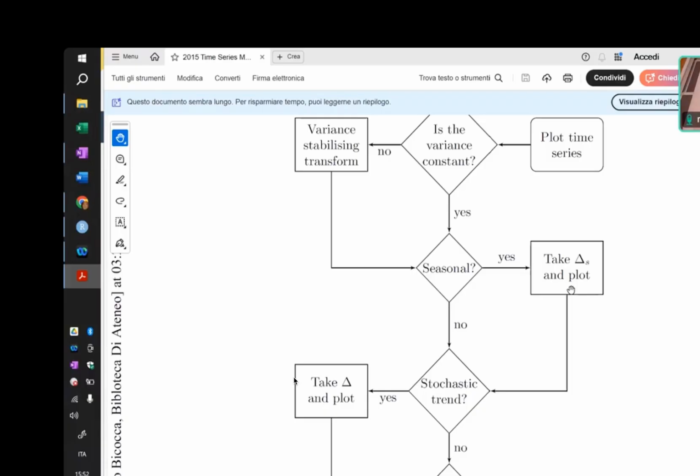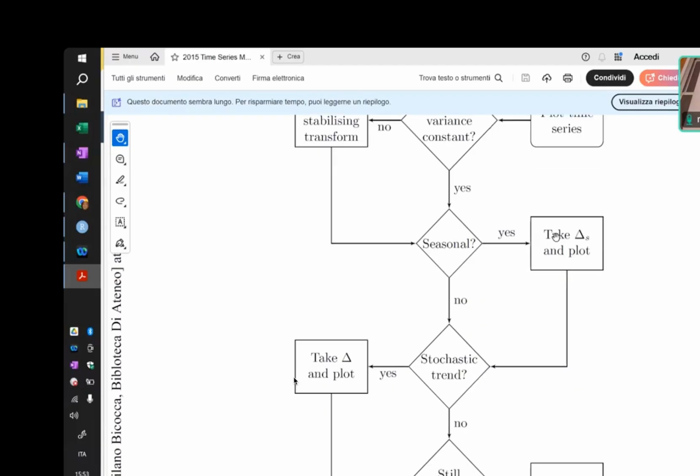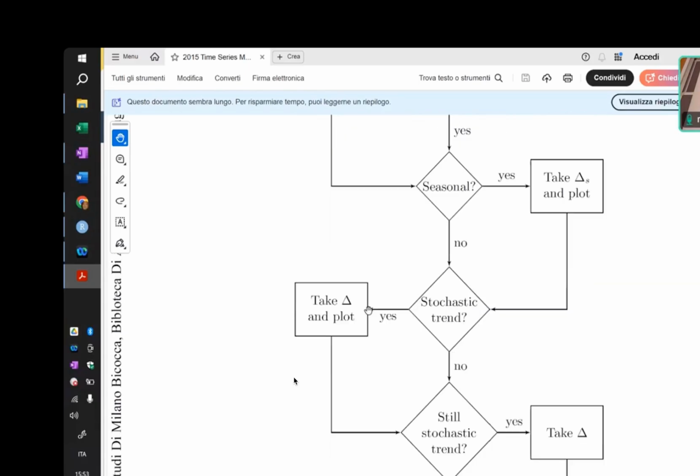So you may want to check if after taking the seasonal differentiation you still need another one. In case you need another differentiation, it will be a simple difference, because you already killed the non-stationary part of the seasonal component by taking this difference.